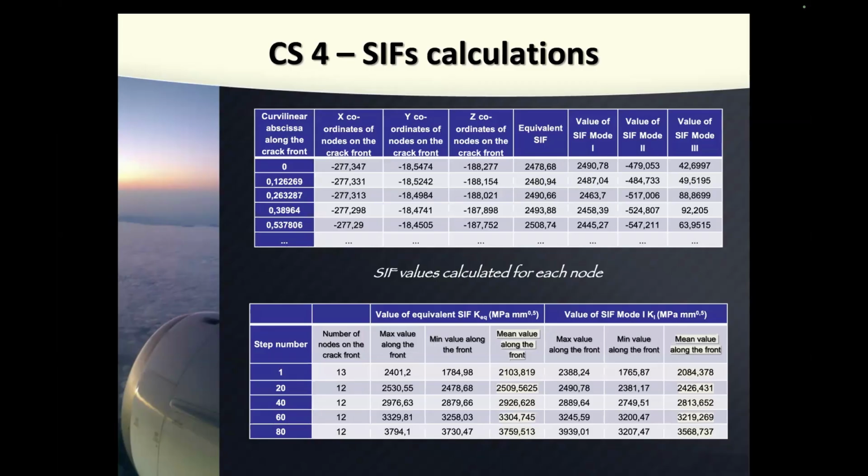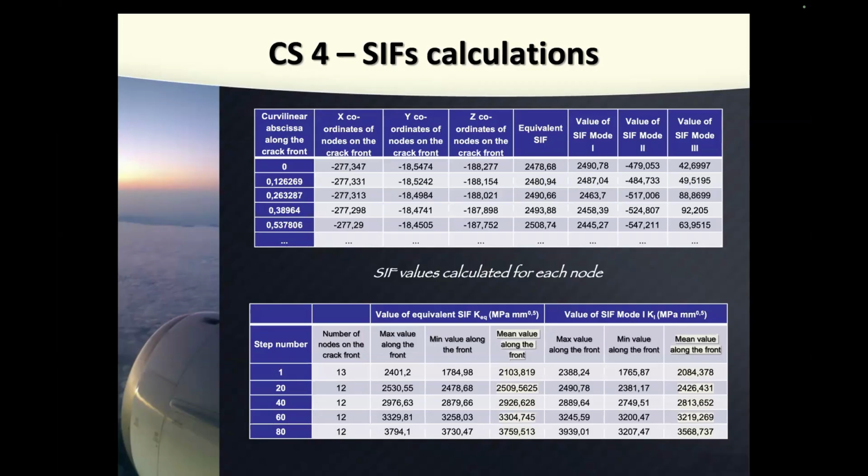I showed you the formula used for this calculation. You can see that mode 1 is dominant, and mode 2 is negative, which means the crack will not open in that mode. Negative SIFs mean the crack is not growing.